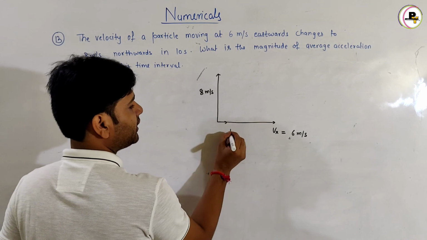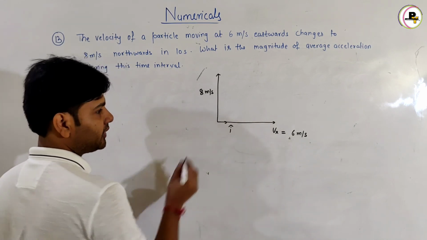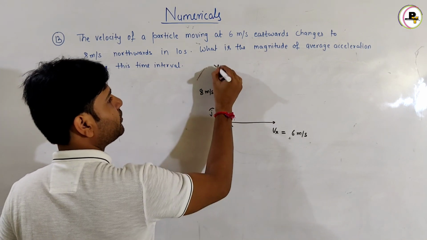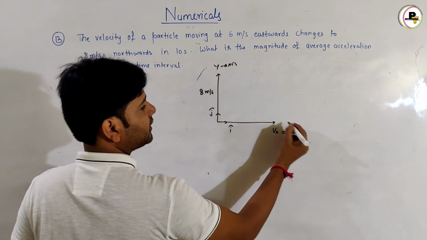If I take the unit vector along the x-axis as i cap and the unit vector along the y-axis as j cap, this is the y-axis and this is the x-axis.